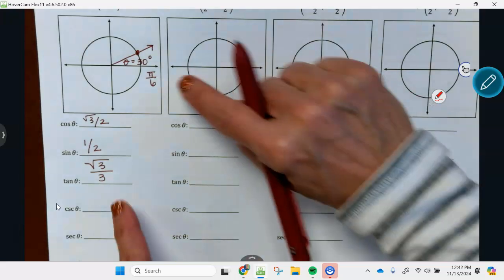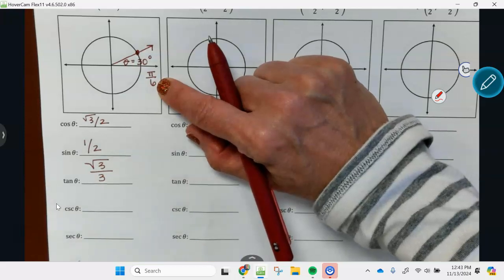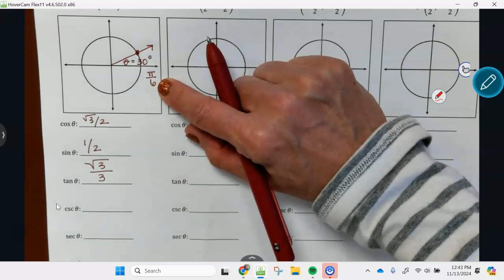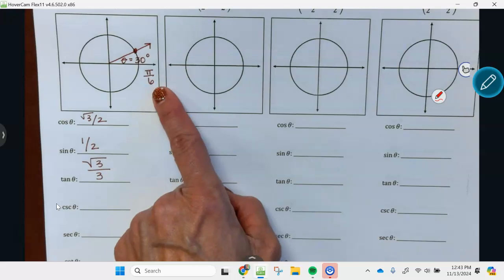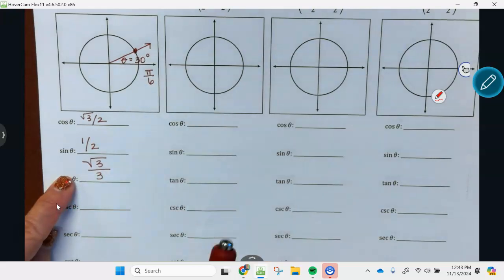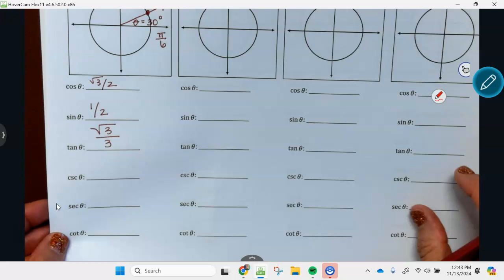So if you can remember that little trick, that little tip, then you don't have to spend time dividing on your unit circle drills. Every single radian in every single quadrant that ends in a 6 will have a tangent of √3/3. But you have to remember that sometimes they're negative and sometimes they're positive. We're in quadrant 1, everything's positive. All right, let's keep going.